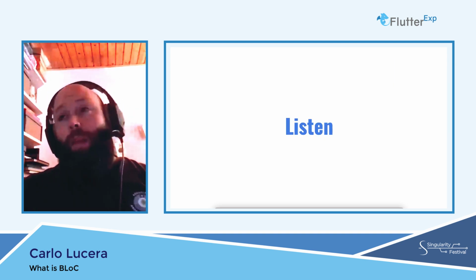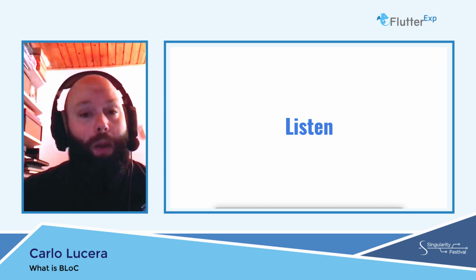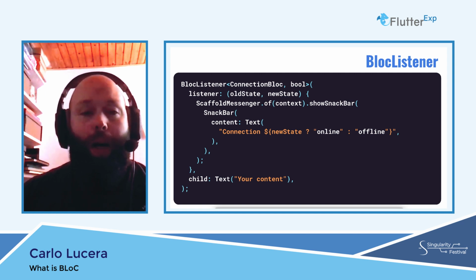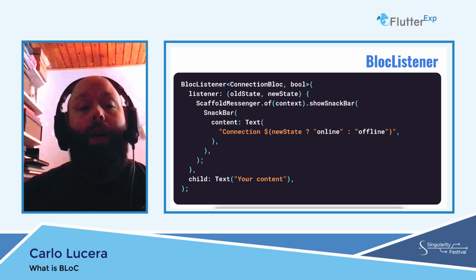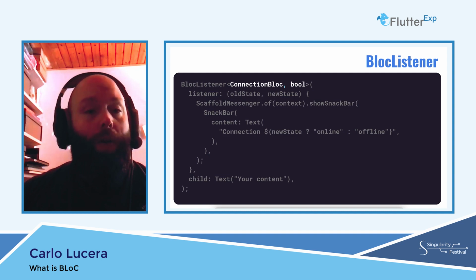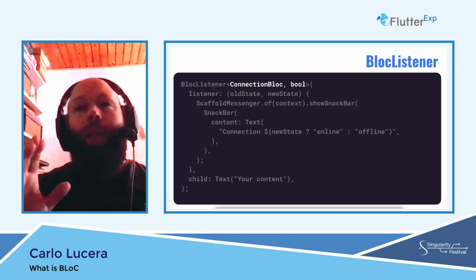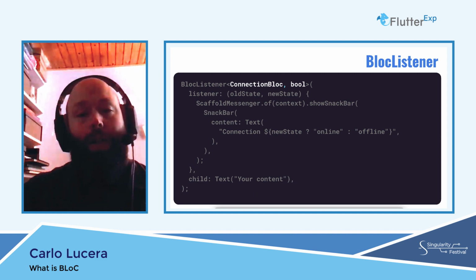We may have some other things that we can do with the block. For example, if we don't want to change the UI, but we just want to react to the state, we can use a BlockListener. As you can see, the main difference, and I used a connection block for this, which is a made-up block, consider that it just tells you in the state if the user is connected or not.